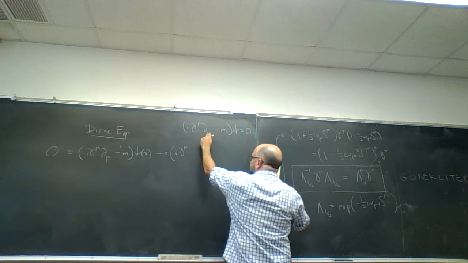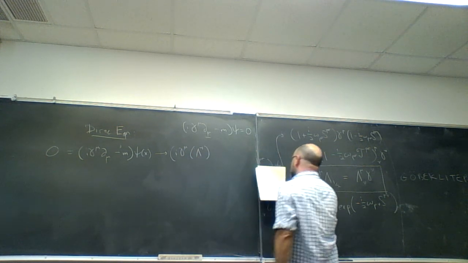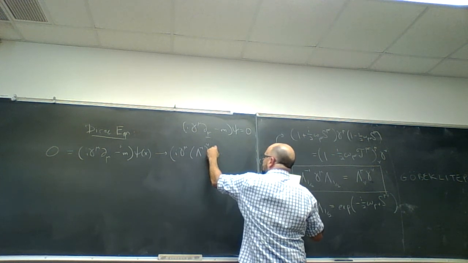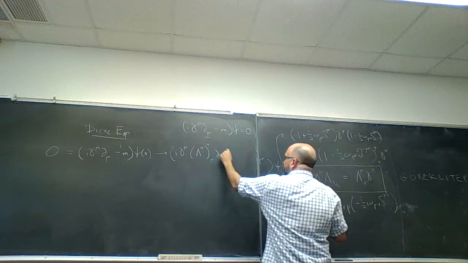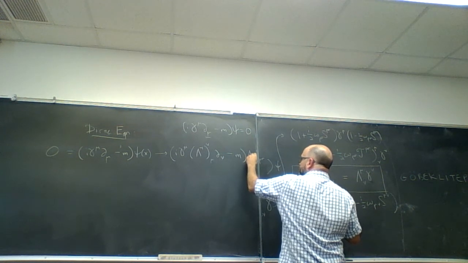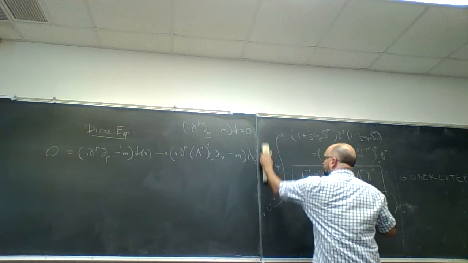So this is a covariant vector, so it goes like lambda minus 1. Mass is just a scalar. The psi transforms as lambda psi.